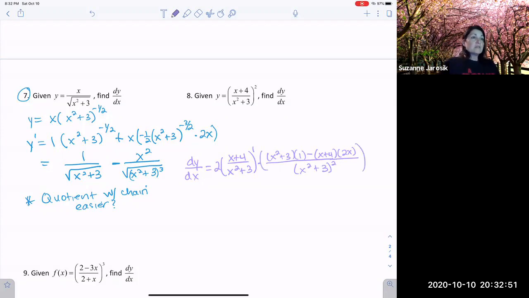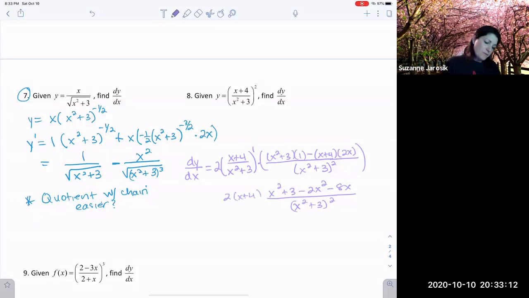Good news is it's on free response. You don't actually have to put all this together. But for the sake of making it look a little bit nicer, right?